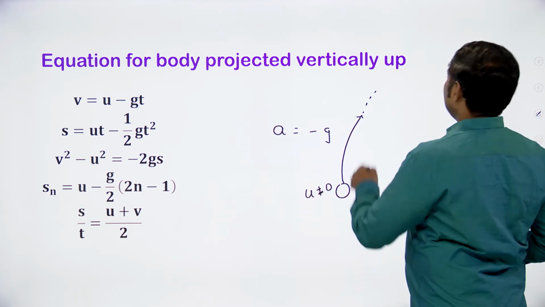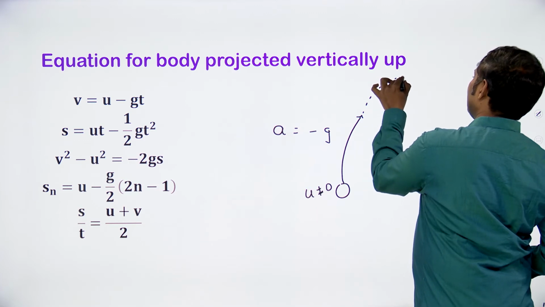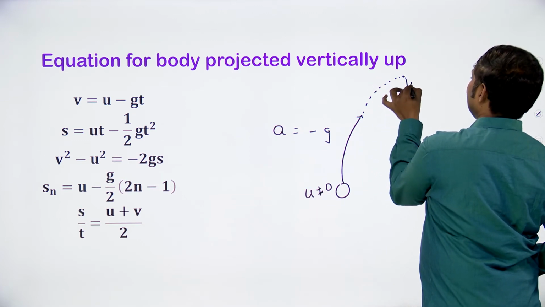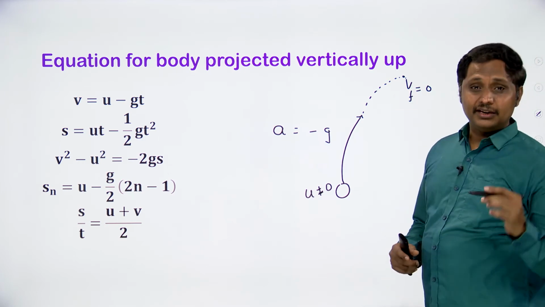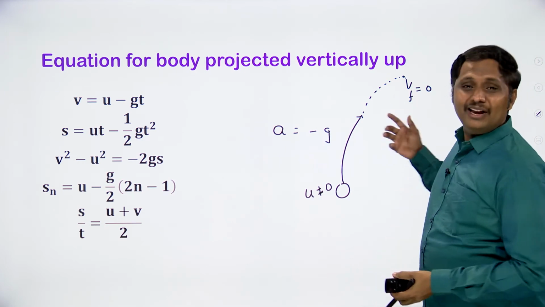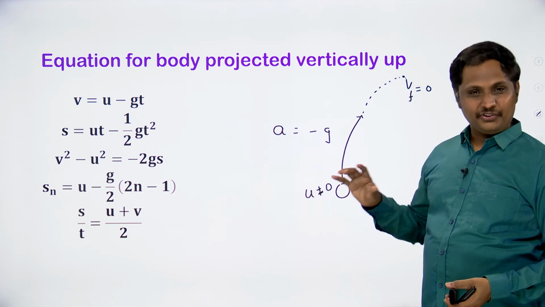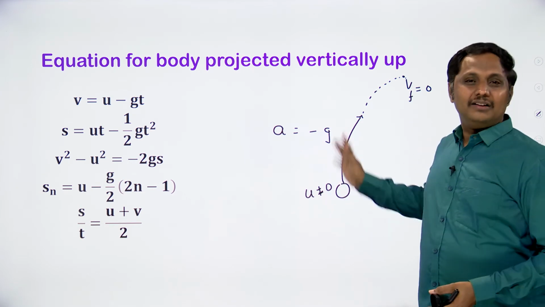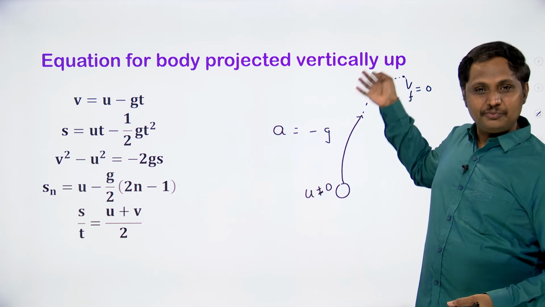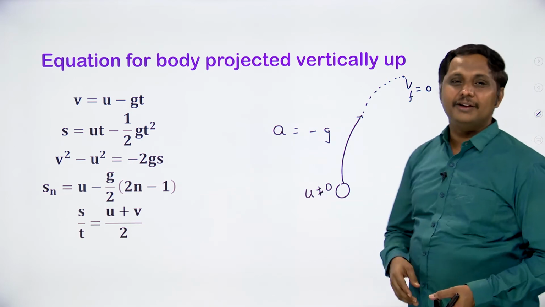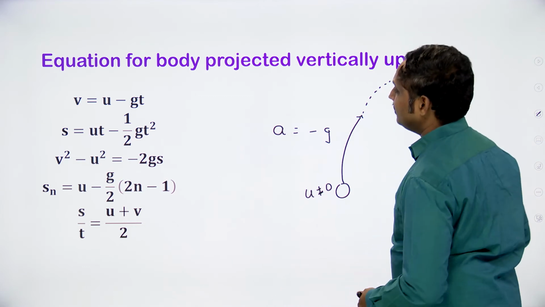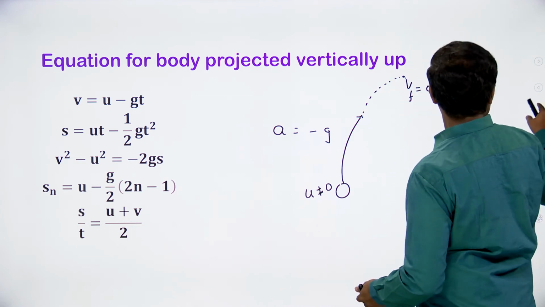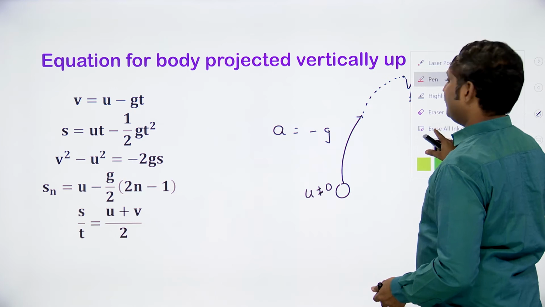At the same time, when it has reached the maximum height, you have to define v is equal to 0, that is vf, the final velocity of the body, which is 0 at the maximum height reached by the body from the ground. So, we can have different cases.